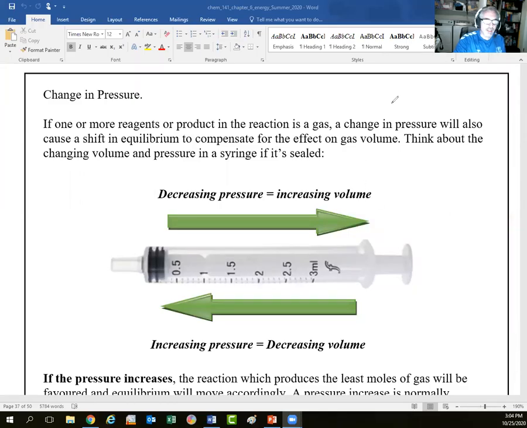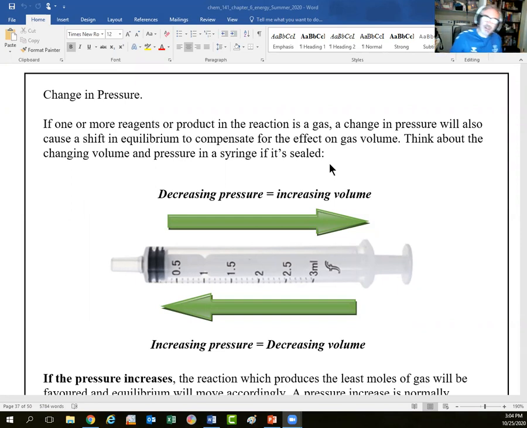Hey guys, welcome back to chapter 6 on energy and equilibrium. So let's finish off the chapter and look at those last aspects of Le Chatelier's principle for when an equilibrium system is disturbed. We've looked at adding and removing chemicals, and we said that when you add a chemical, you move equilibrium away from that chemical to try and compensate for having too much of that chemical.